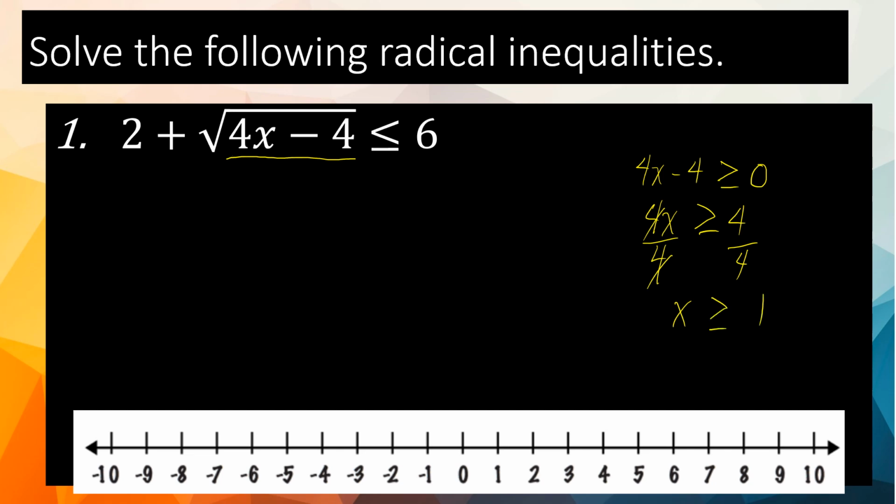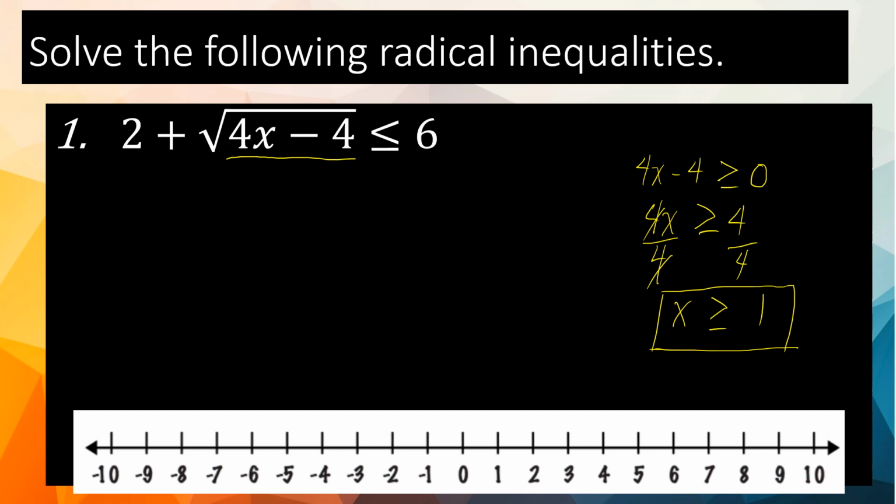So now we have our first inequality. Now the second step is to solve the whole radical inequality. So let's solve it. Your first step is to always isolate your radical.